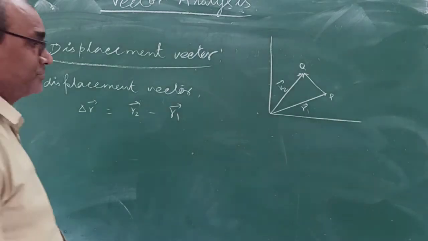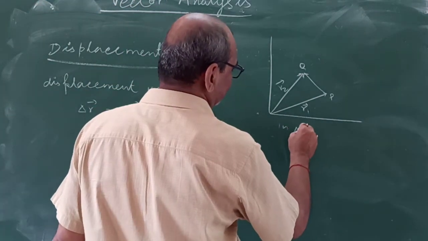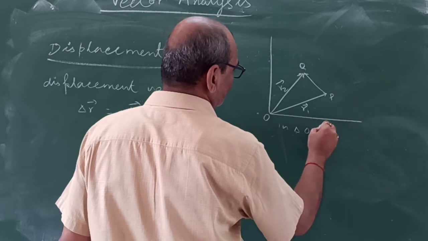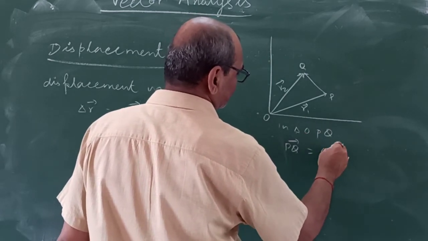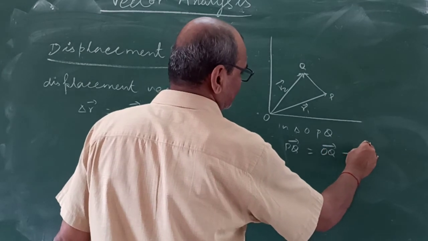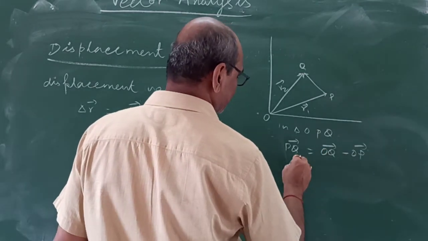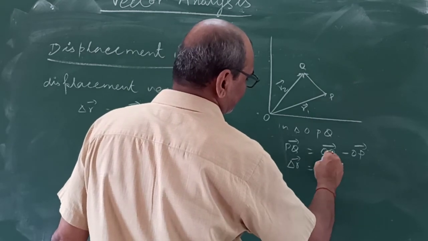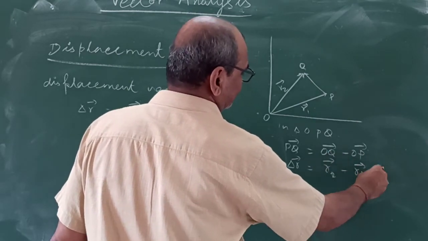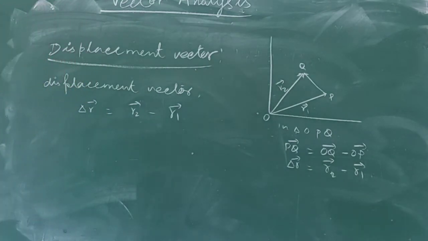Or if we use the triangle of vector addition in triangle OPQ, therefore PQ is equal to OQ minus OP. Therefore delta R, the small displacement in a small interval of time, is R2 minus R1.